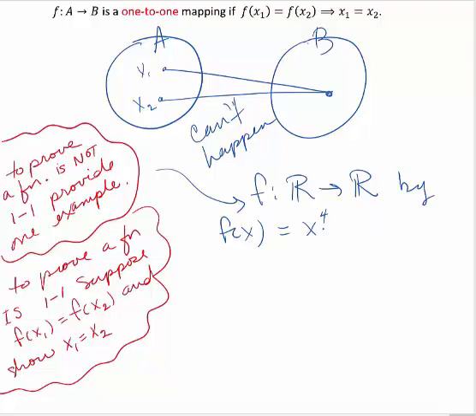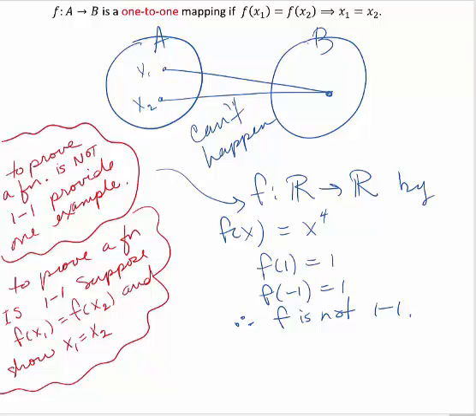It's a mapping, it's a function. Each x gets mapped to one y. But f of 1 is equal to 1, and f of negative 1 is equal to 1. Therefore, f is not a one-to-one function. You just have to provide one instance to show that different x's can map to the same y.